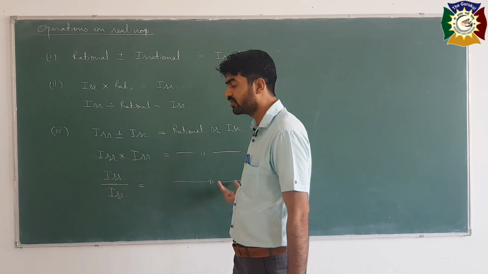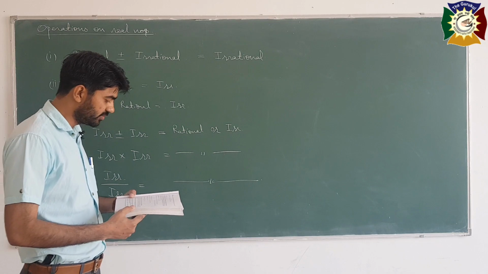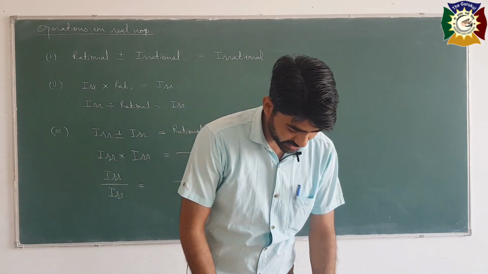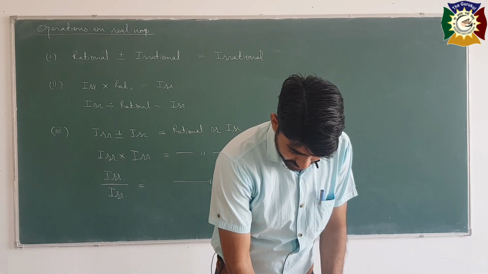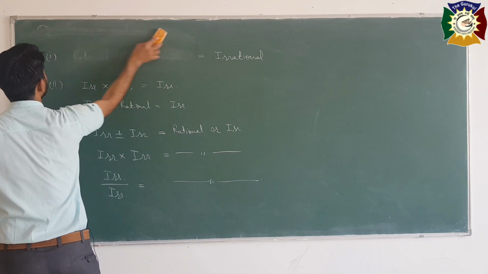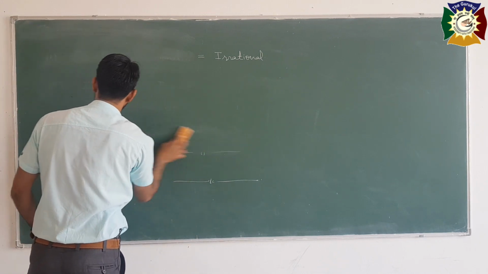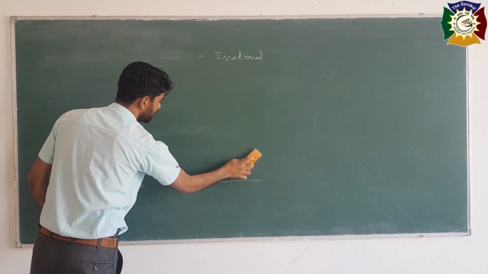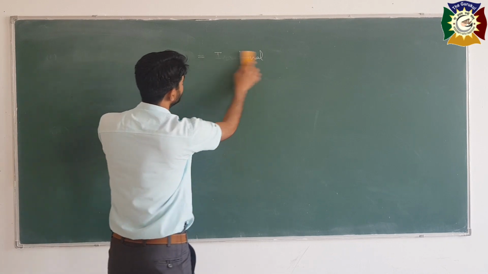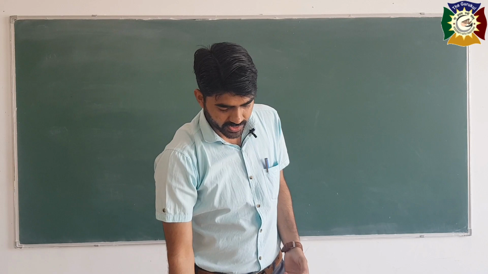So these are the rules for the operations over real numbers, rational and irrational. While solving exercise 1.5, we will get examples of these rules, but these rules are to be written in your fair notebook. You must write all these points in your fair notebook.